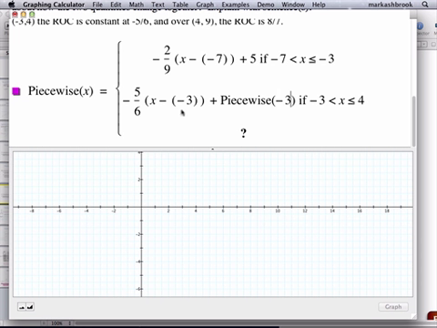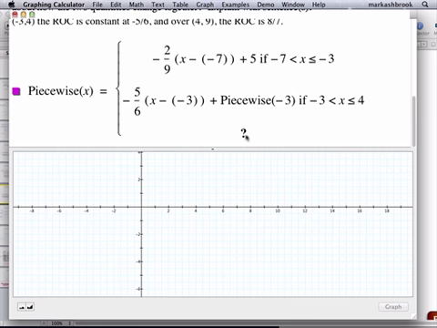Right? So it's the point slope. This is x minus the x value plus the corresponding y value. And so what will it do when it sees this? It'll go to the function and it'll say, oh, x is -3, so I'm going to evaluate it on this line. And so the y value at the right end of this interval will be the starting left y value on this interval.